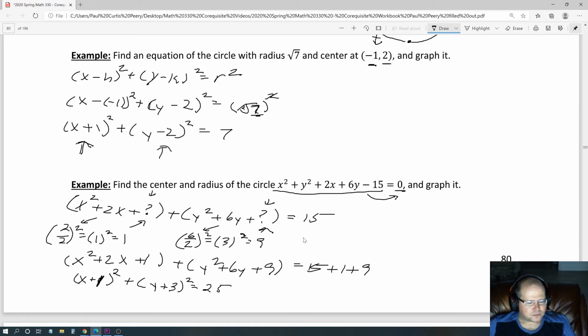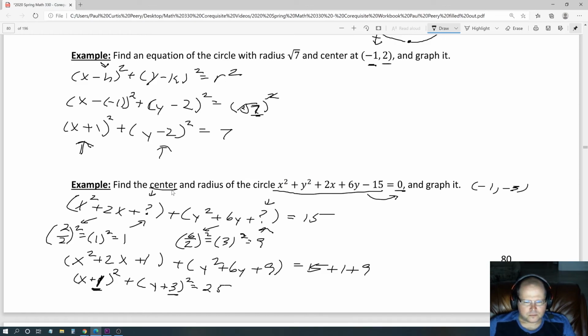Now if we look back at the original equation, the way that we find the center is we take the opposite of the thing that modifies the x. So instead of a positive 1, the center is going to give me a negative 1, and instead of a positive 3 it's going to give me a negative 3.